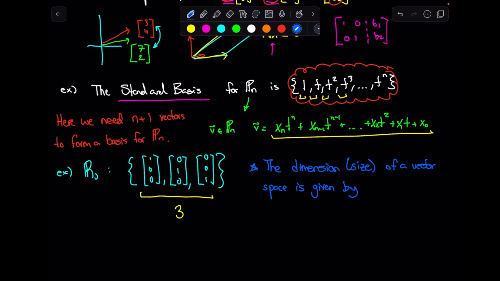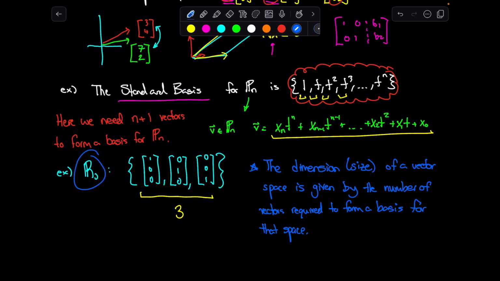By the number of building blocks we need to build that space, aka by the number of vectors required to form a basis for that space. So the dimension of R3 is pretty straightforward. It's 3-dimensional. It takes 3 basis vectors.